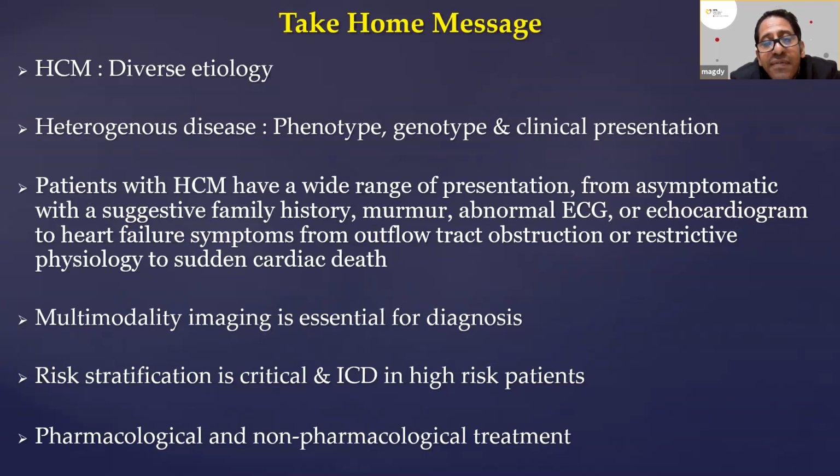Multimodality imaging is very important for diagnosis as well as for risk stratification: echocardiography, CMR. Risk stratification is critical for every patient diagnosed with hypertrophic cardiomyopathy. And the ICD is strongly recommended in high-risk patients to prevent sudden cardiac death. In addition, we have pharmacological and non-pharmacological treatment.